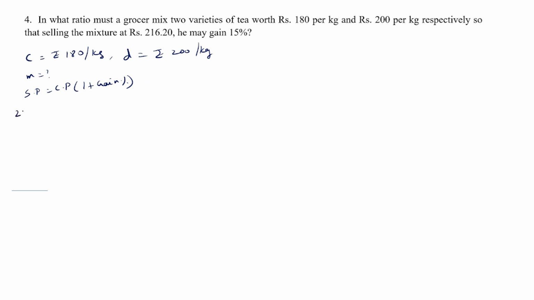So from this, the selling price is 216.2, cost price is M, into 1 plus gain percentage, 15%, or 0.15. So from this we have M equal to 216.2 upon 1.15. Now when we divide, we get 188. So the mean price of the mixture is rupees 188 per kg.